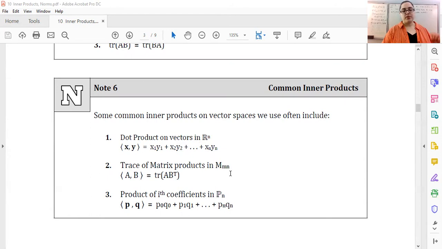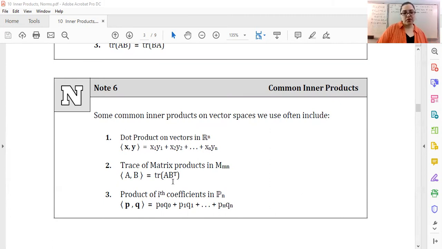One thing that's going to be really important here is that I don't have the trace of AB, but I have the trace of A B transpose. We need to take the transpose of one of the matrices so that the dimensions line up and multiplication is possible. Okay, so that's 2: the trace of the product of the matrix and the second one's transpose.